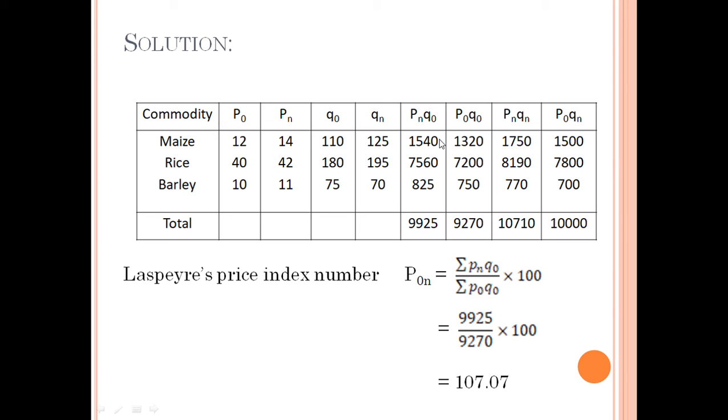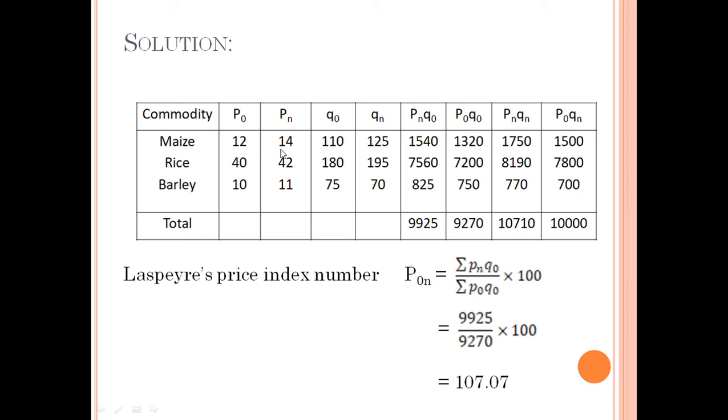Then after that, according to formula, for Laspeyres's price index number the formula is summation Pn into Q naught divided by summation P naught into Q naught. So we need to find these two columns: Pn Q naught and P naught Q naught. For Pn Q naught, we will multiply the values of Pn with Q naught.